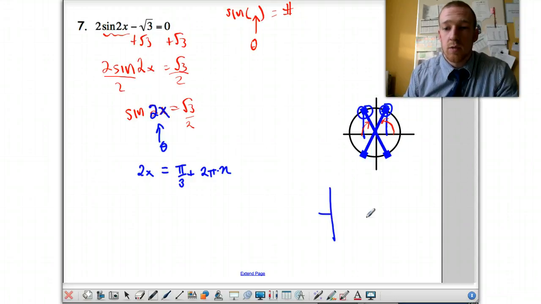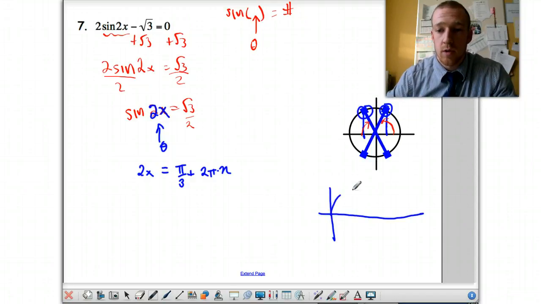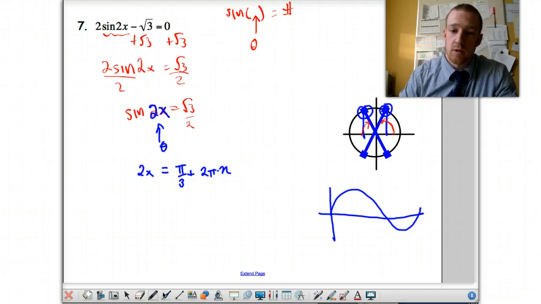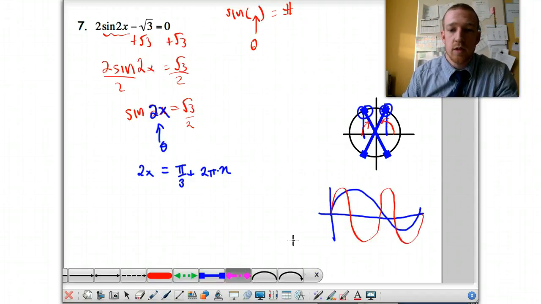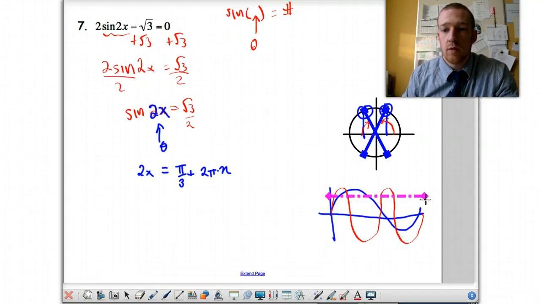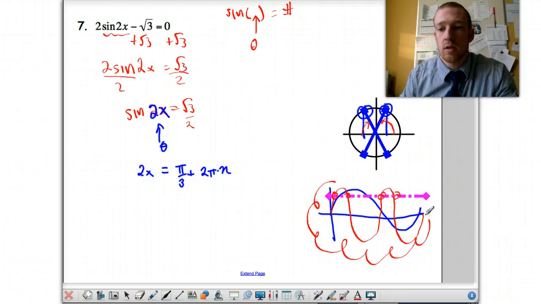Or if you think of it this way, we know our sine function typically does this. Well, sort of. Now it's going to do this. So that height, where it attains root 3 over 2, is going to happen 4 times. Here, here, here, and here. All right, this picture isn't necessary for you to solve the problem, but that's an important idea.